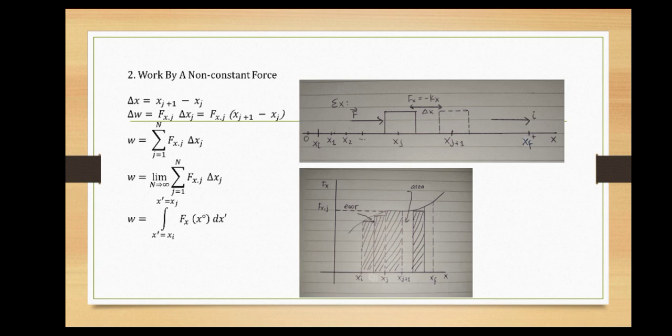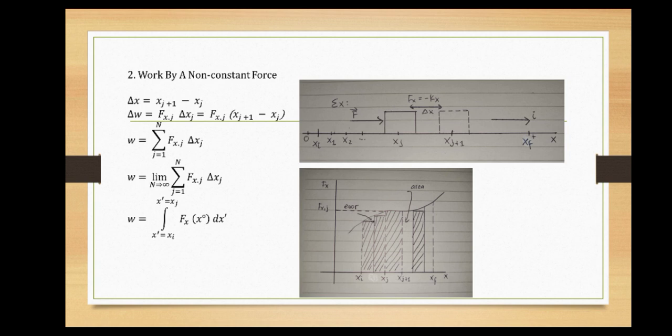So let's look at the displacement in a smaller amount. Let's call this point xj, and this xj plus 1. How much work is done when the force acts from here to here? That is called delta x. So our displacement is delta x equal to xj plus 1 minus xj.